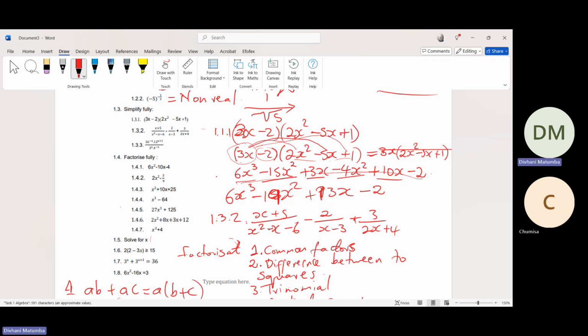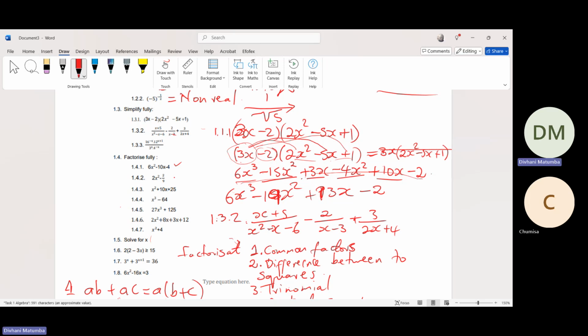Okay, before we even move on, I just want you to identify the type of factorization we're going to apply. The first one, what is it? Is it factorizing a trinomial? Is it taking out the common factor?